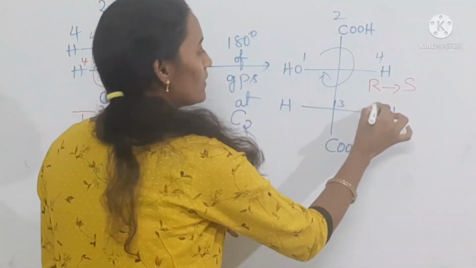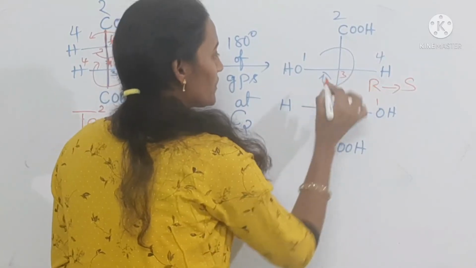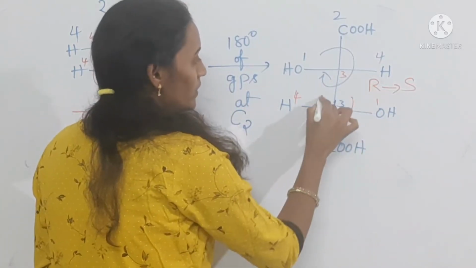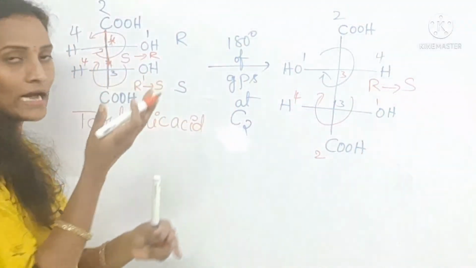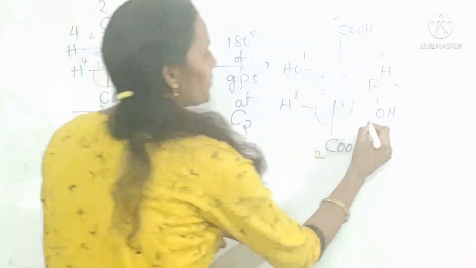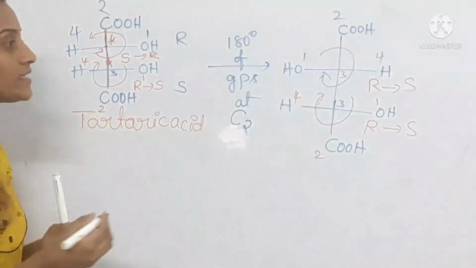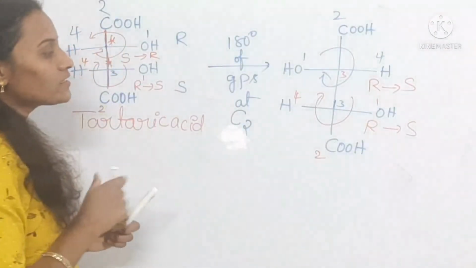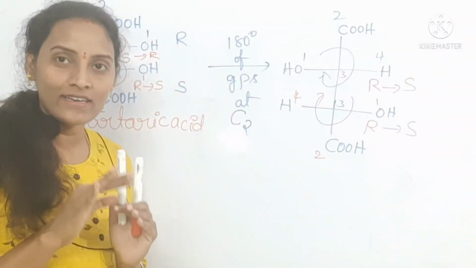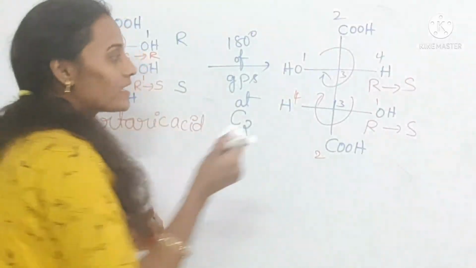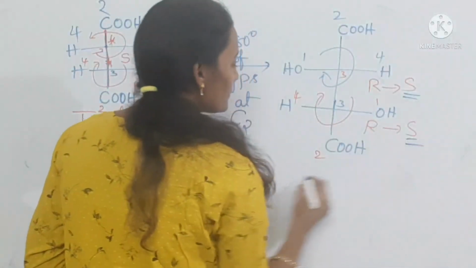Coming to the next one, 1, 2, 3, 4. This one also is clockwise, which means here also R becomes S for the same reason. See, the configurations for the two chiral centers in this mesotartaric acid are the same.